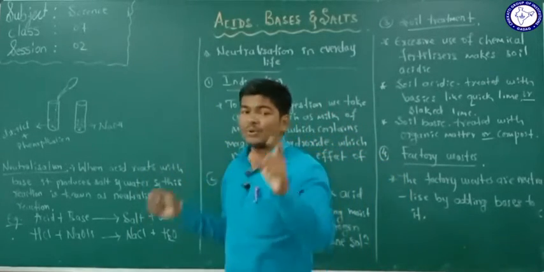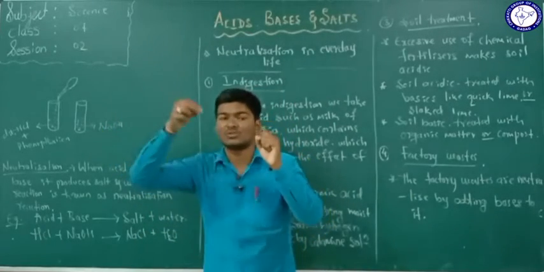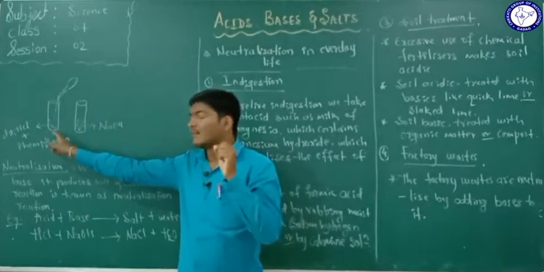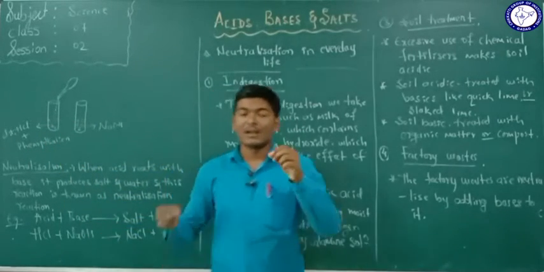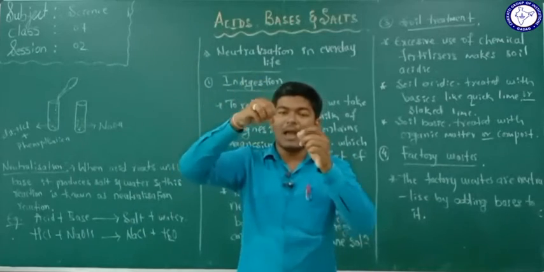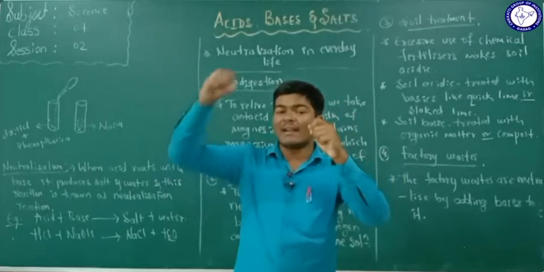Now you have to add the sodium hydroxide solution drop by drop into the test tube containing the dilute HCl and the phenolphthalein indicator. First add 1 drop and stir it well.